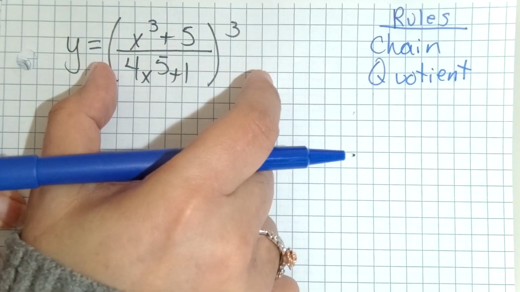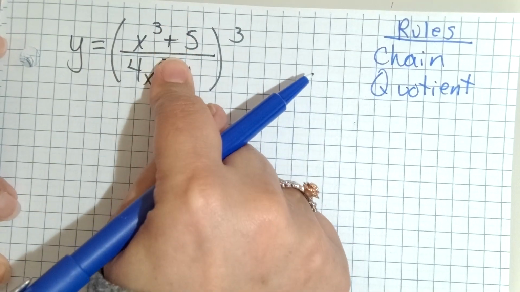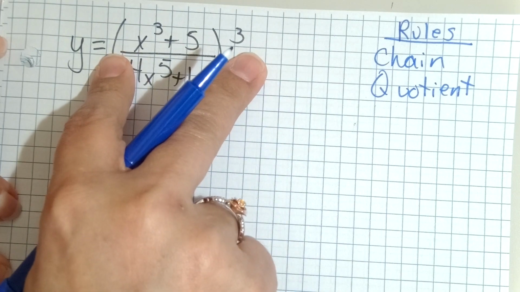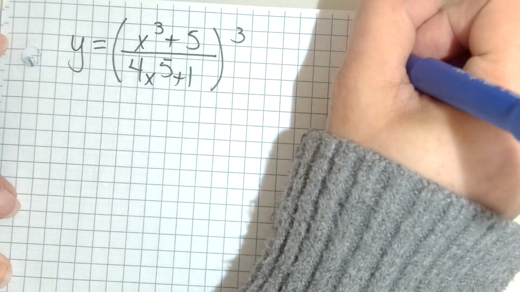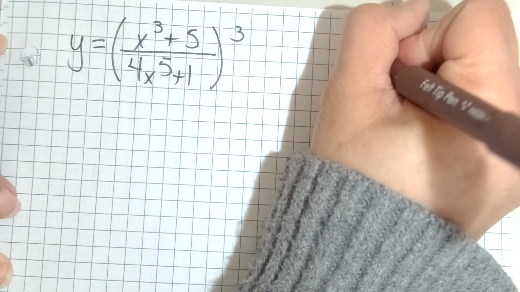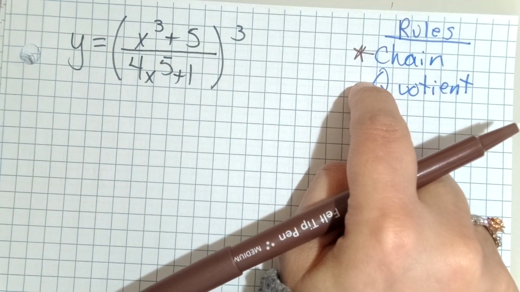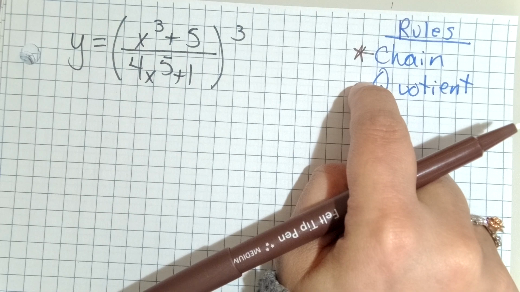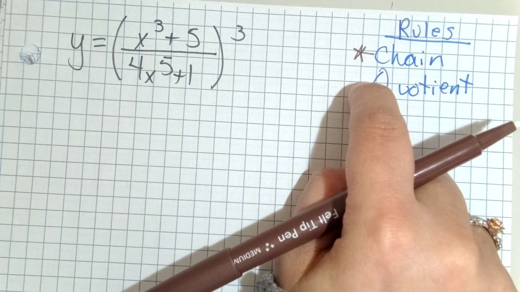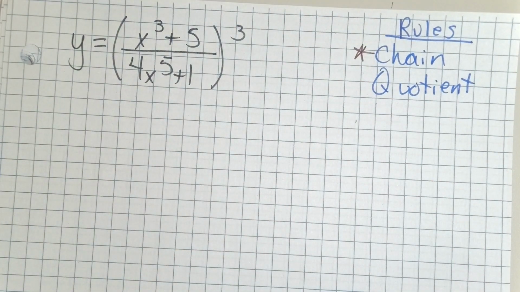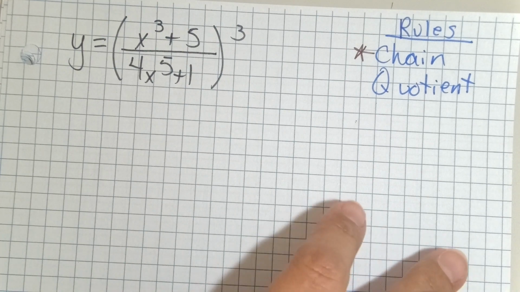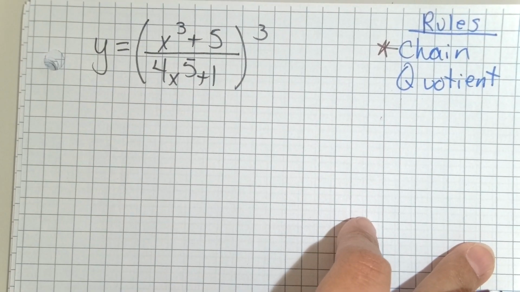Yeah, because it's on the outside. So these two things make up the bigger thing. So we're using the chain rule again, but in this problem, chain rule is the main rule. The other one was product. Okay? So our answer would still be dy dx at the end, yes.